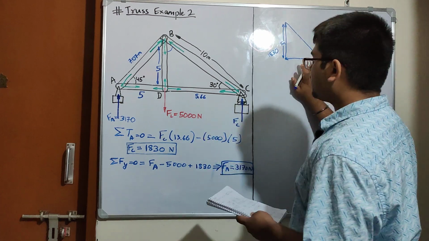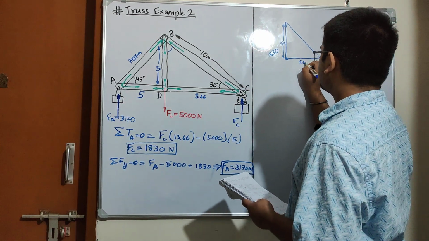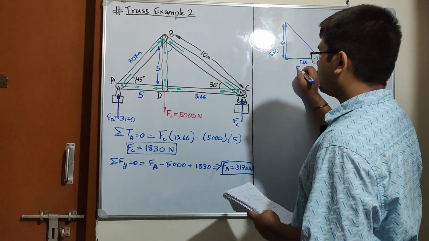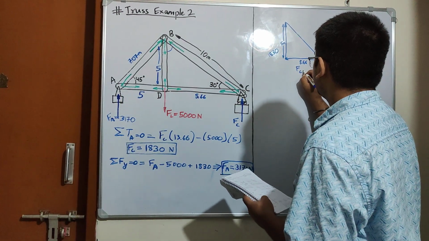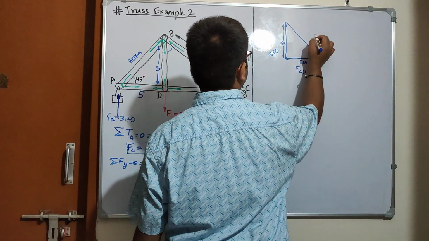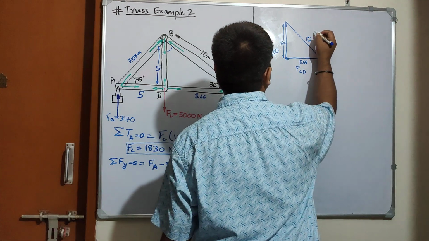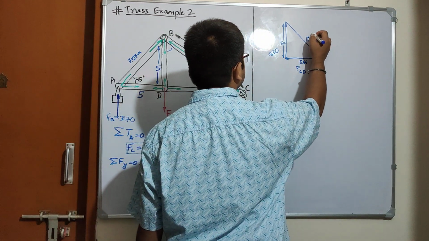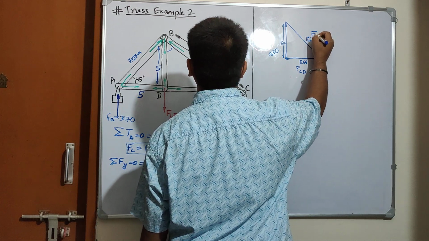Now this side is 8.66, and this is FCD. And this one length is 10 meters, and this is FBC.